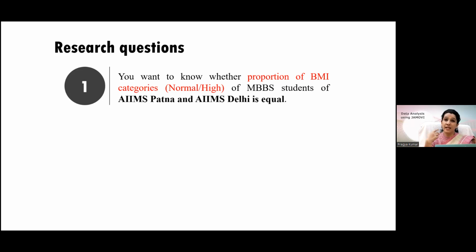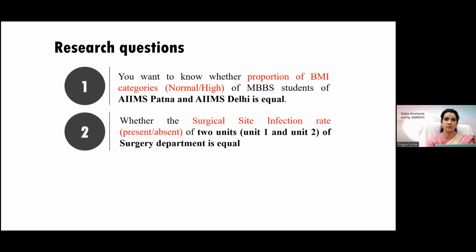That's why its name is also chi-square test of two proportions. For example, MBBS students of AIIMS Patna and AIIMS Delhi. I have taken the students from two institutes and I want to see whether the proportion of BMI, which has been classified as normal or high, is same in both the institutes or not.